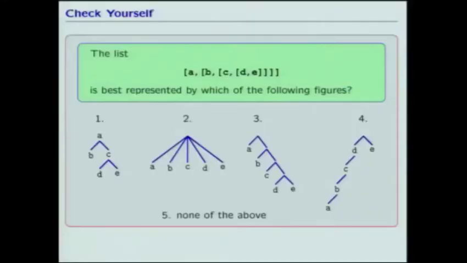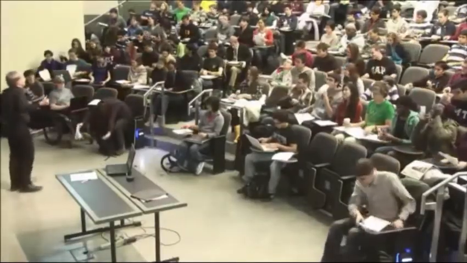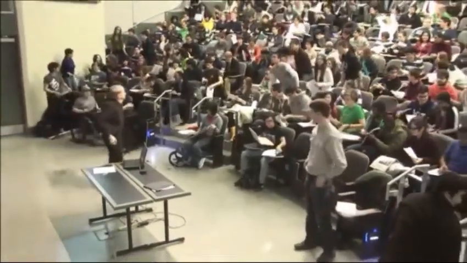Just to make sure everything's clear, I want to ask you a question. But to kick off the idea of working together, I'd like you to think about this question with your neighbor. So before thinking about this question, everybody stand up. Introduce yourself to your neighbor.